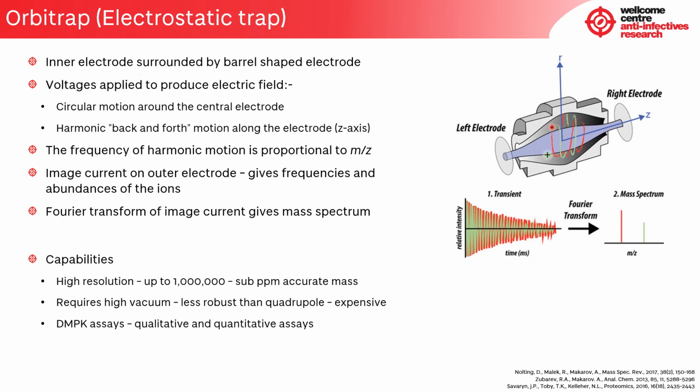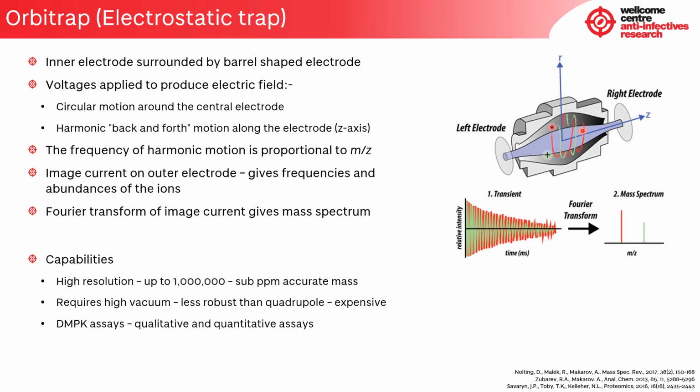The last instrument I'll mention is the Orbitrap. It's fair to say that this has revolutionized mass spectrometry since it was introduced over 20 years ago. It consists, as shown in the schematic, of an inner spindle-shaped electrode surrounded by an outer barrel-shaped electrode.